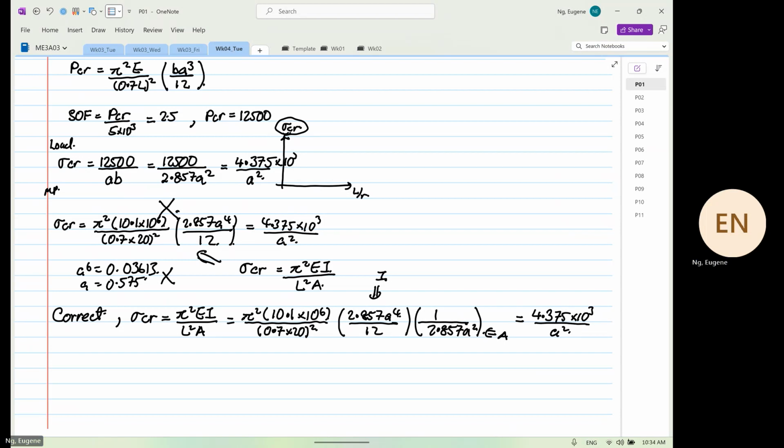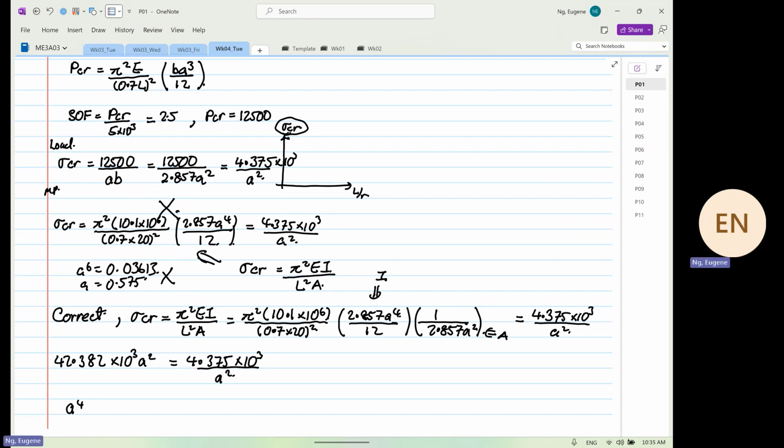Okay. So if you press the calculator, what you will get is 42.382 times 10 to the power 3 A squared. And then this will be equal to 4.375 times 10 to the power 3 over A squared.